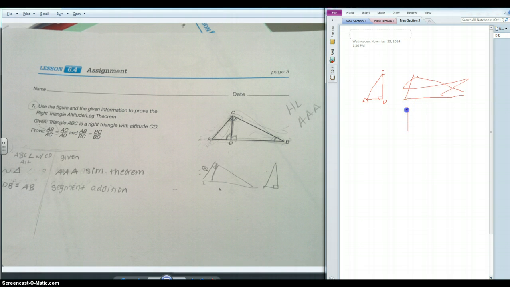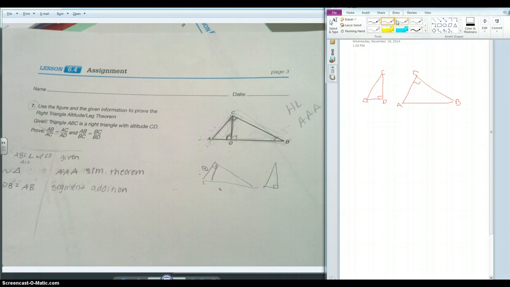Hang on, I don't know how to erase here. The larger one, this one, this is B, and this is A, and then this is C, with a 90-degree angle right here. If you can prove that they're similar, then their proportions are the same.